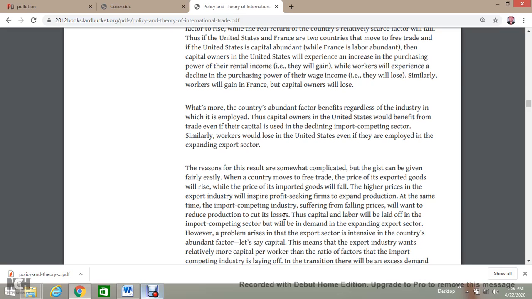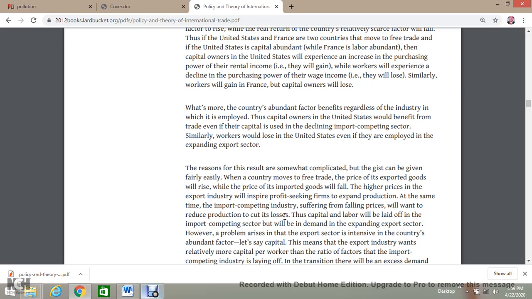So there is a profit for the capitalist if capital intensive goods are exported in more quantity and if the prices increase. And vice versa. Let us take France. In France, the goods which are exported to the US are labor intensive goods, and as the exports increase, the price of these commodities will also increase.